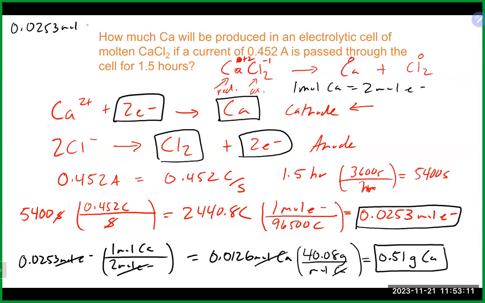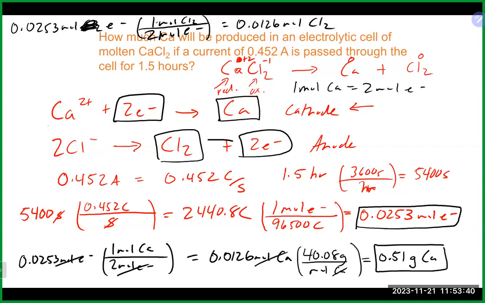So you would take 0.0253 moles of electrons. And we would do our 2 moles of electrons to 1 mole of Cl2. And that would get us basically our same number here, 0.0126 moles of chlorine. At that point, like I said, if you had some ideal gas law information, you could go into the ideal gas law.